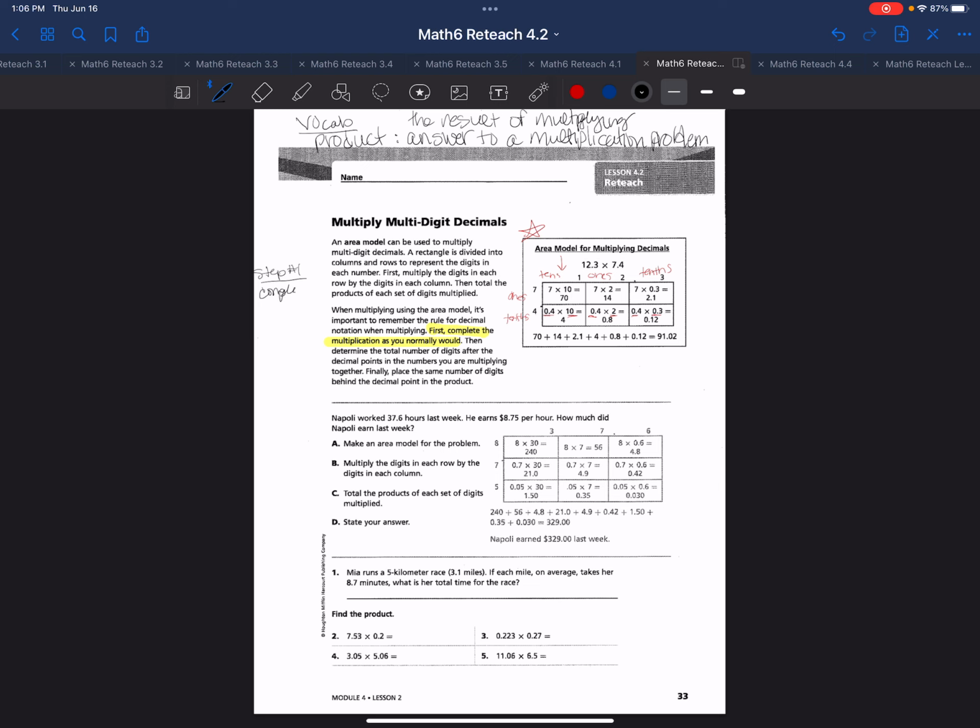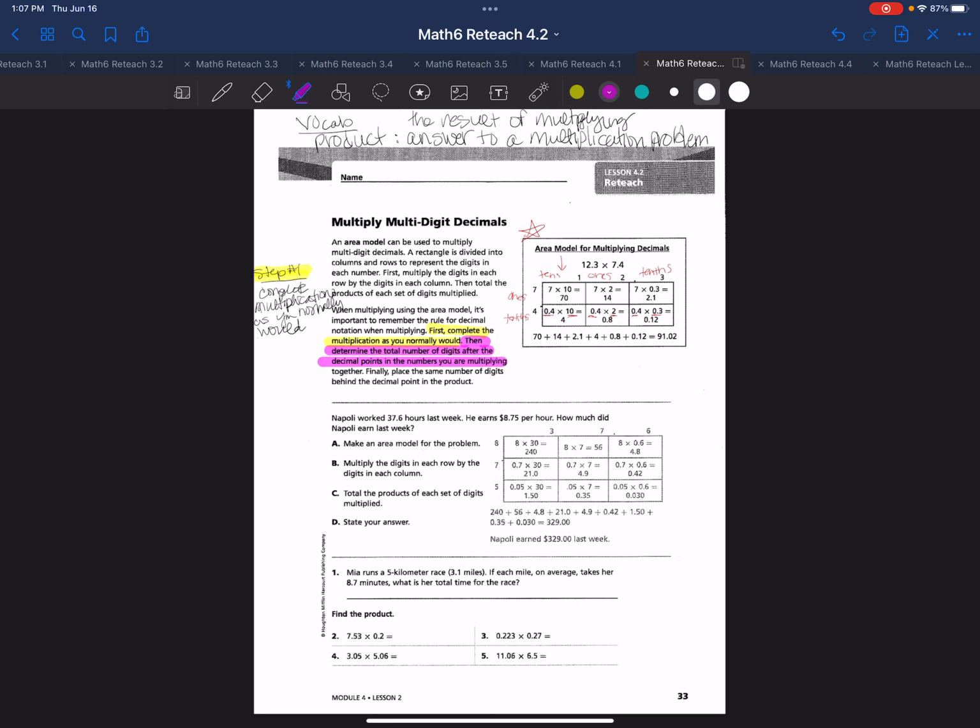So complete multiplication as you normally would with whole numbers. The next thing, we have step 2. Then after determining the total number of digits after the decimal point in the numbers, then you're multiplying those together.